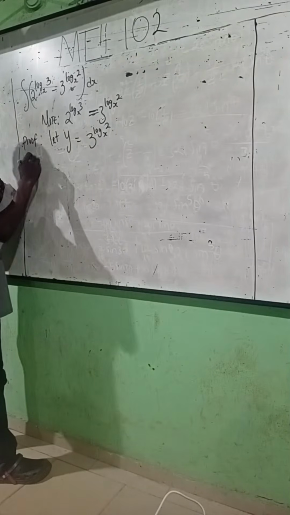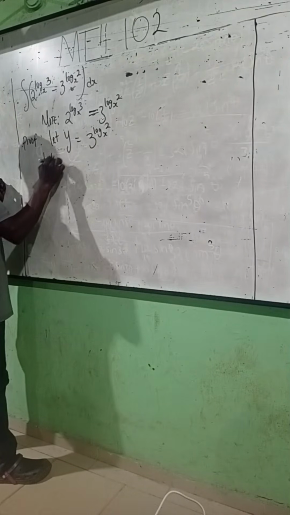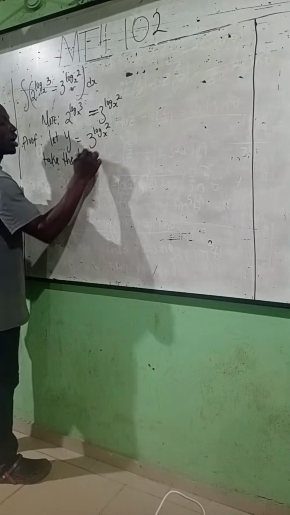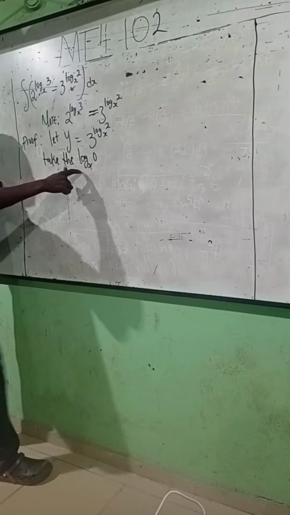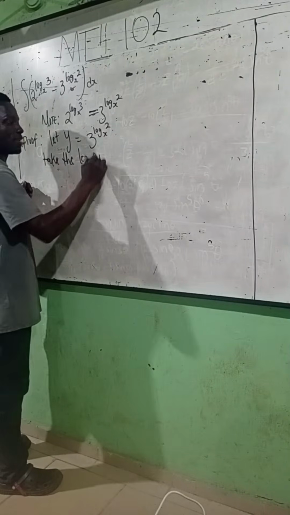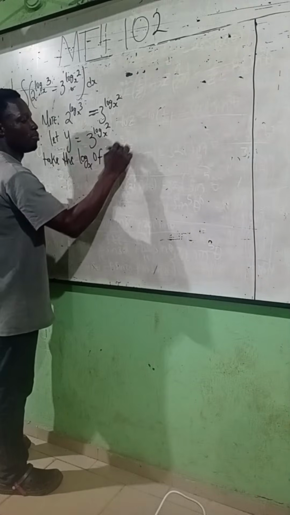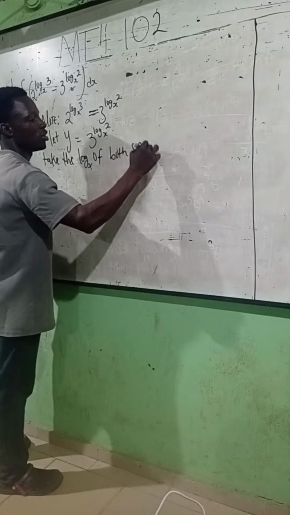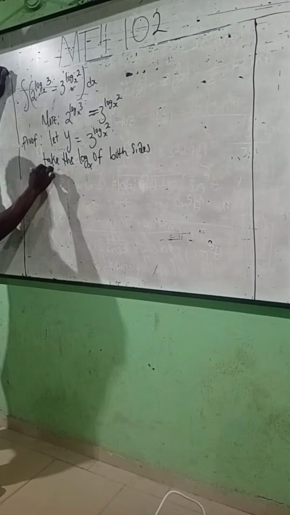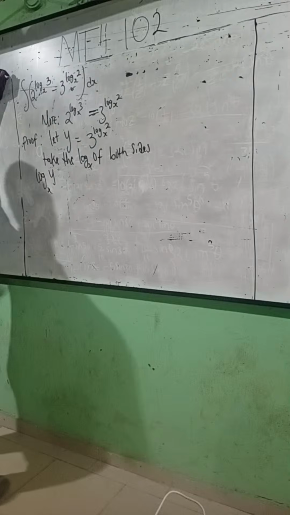So now we have to take logarithm of both sides. Take the log of base x, because we have base x here. So take the log base x of both sides. So this one will give us log y base x, isn't it?